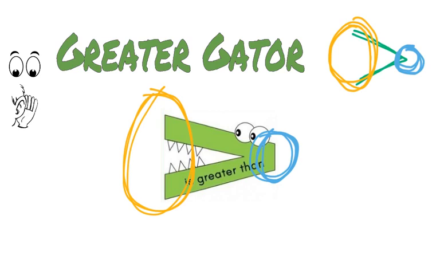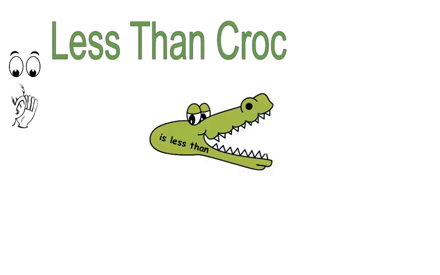Okay, here's his brother, the less than croc. So the less than croc is showing us also which number is greater than and less than. But it is important to know that his mouth is pointing this direction.